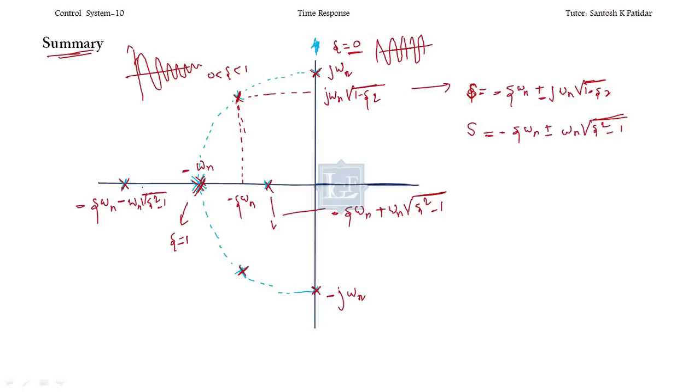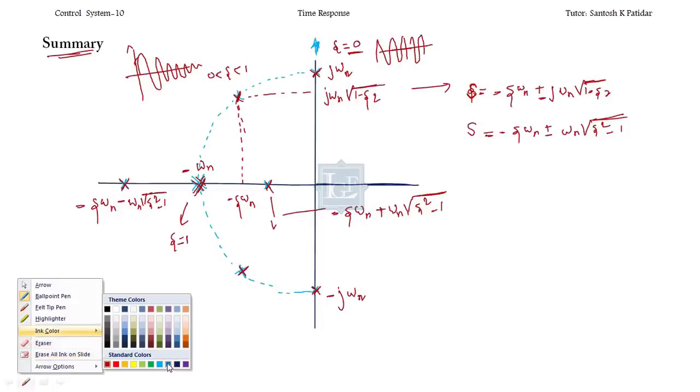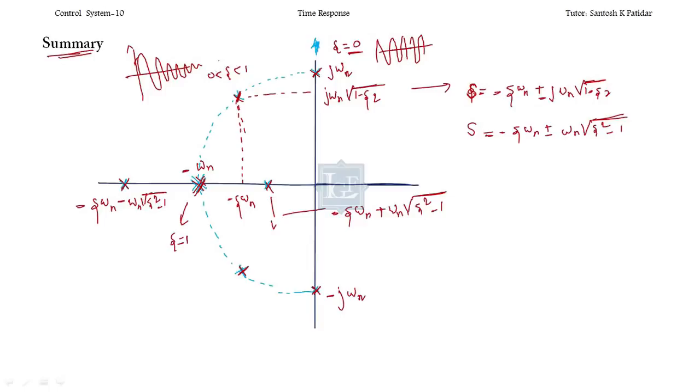So this entire summary is based on the system behavior for different values of zeta. Correct. Now friends, over here the system is underdamped.